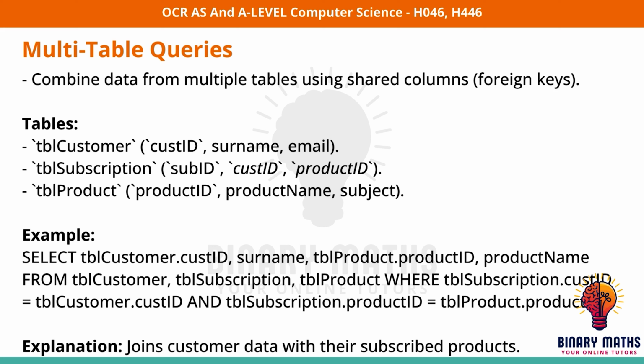Where would be table subscription and customer ID. And table subscription product ID would be table product ID. This query joins the three tables using their shared columns, customer ID and product ID, and retrieves the customer ID, surname, product ID, and product name.